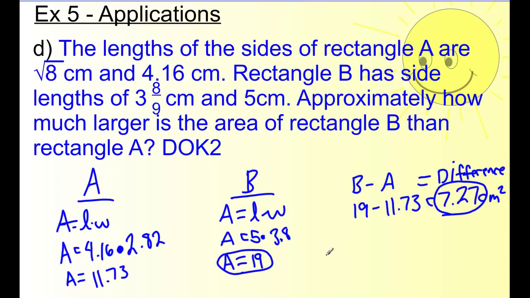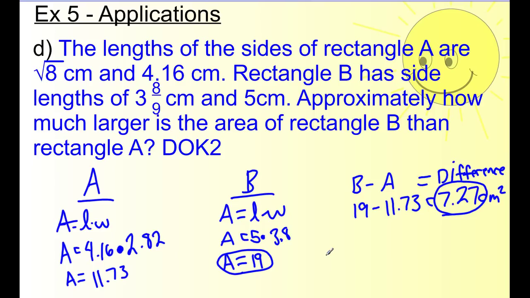So we found the area of rectangle A by using the area formula and estimating the square root of 8. We found the area of rectangle B by using the area formula and estimating this 3 8/9. We then said that rectangle B is larger. Obviously, 19 is bigger than 11.73. The question was, how much larger?